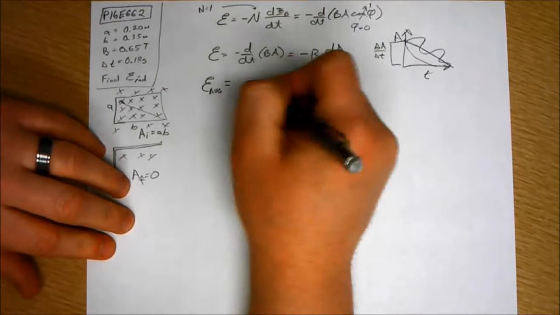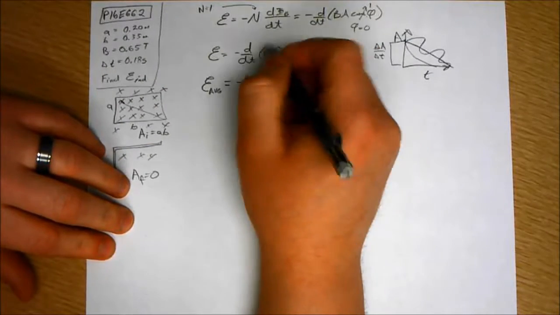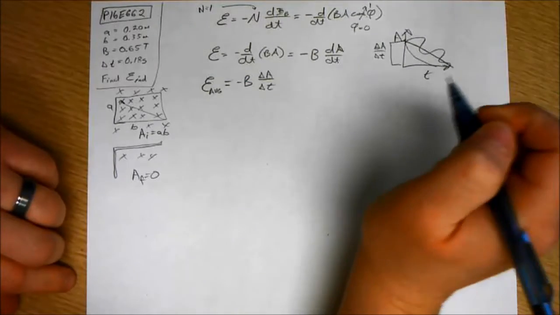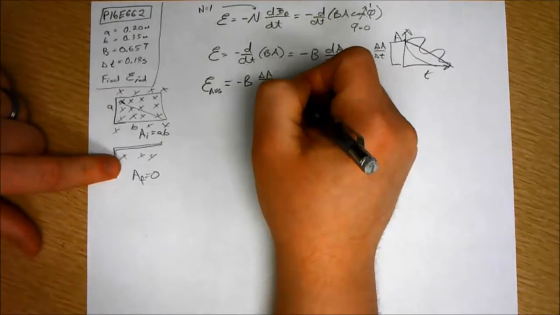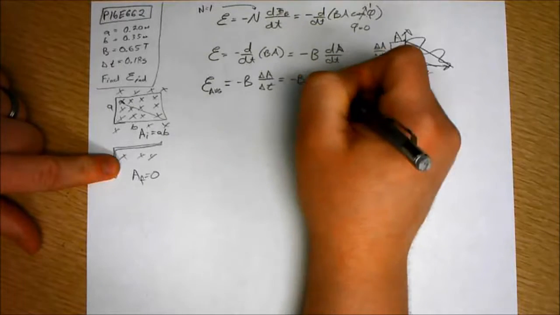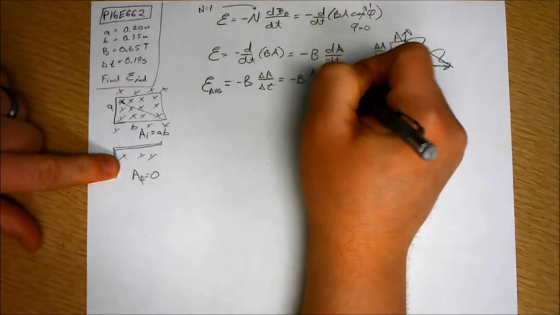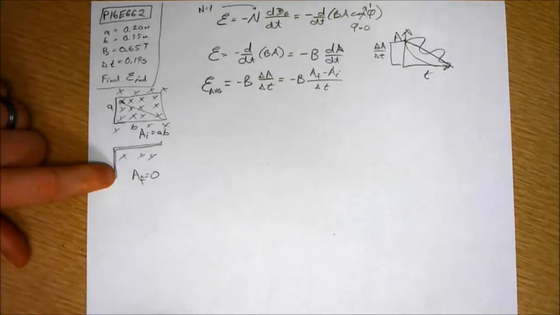So that equals negative B delta A over delta T, and delta A equals A final minus A initial.